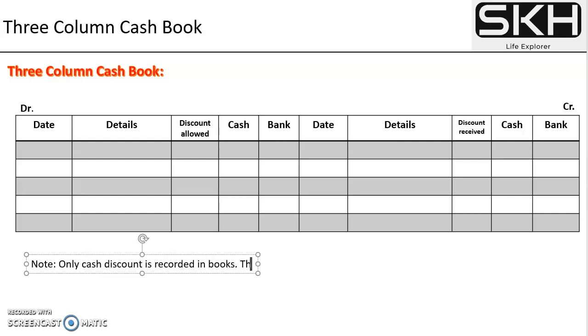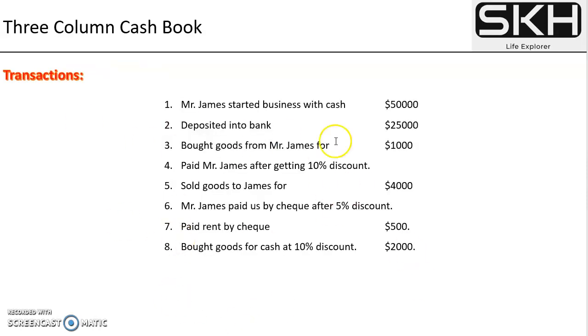Trade discount is not recorded. We already have a video on how to record cash discount and trade discount in journal. If you watch that video, it will help you clear your doubts and concept about cash discount and trade discount.